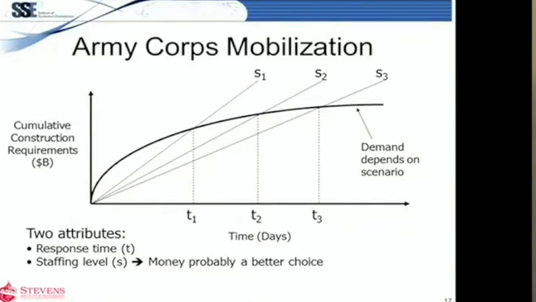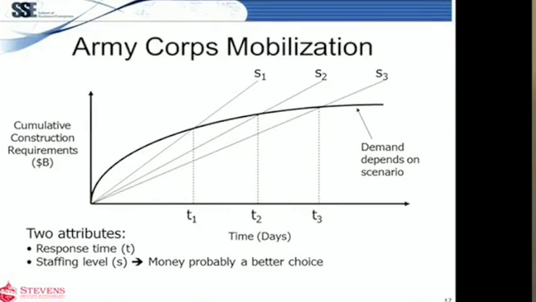So we were asked by the Army Corps of Engineers to do a trade-off analysis on the staffing levels of the Corps and their response to emergencies, to mobilize construction. So for example, with Katrina in New Orleans, after Katrina devastated that area, the Army Corps of Engineers would manage construction projects to rebuild the infrastructure.